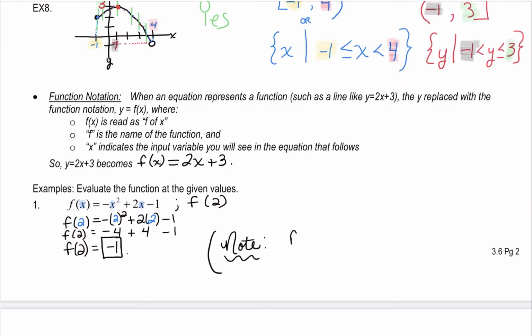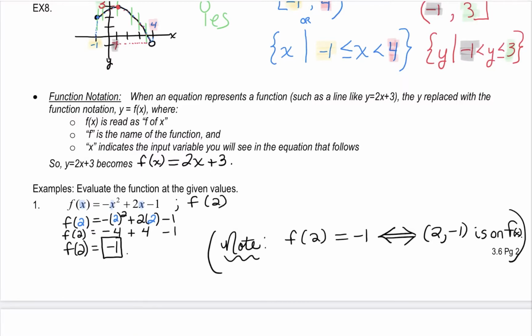When you just found that f of 2 is equal to negative 1, that is the exact same thing as the ordered pair written as 2 comma negative 1, and saying that that is a point that is on this function f of x. It's on the graph of, it's a point that satisfies the equation of, in this case, f of x.